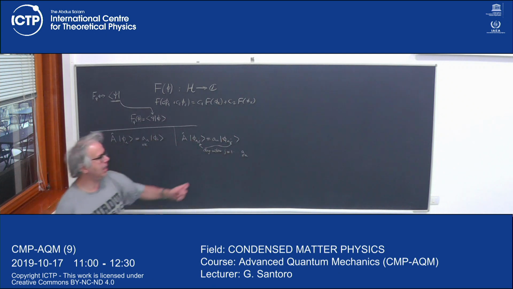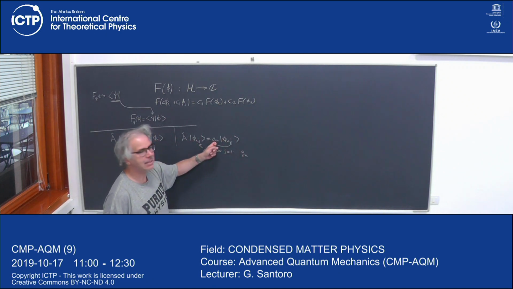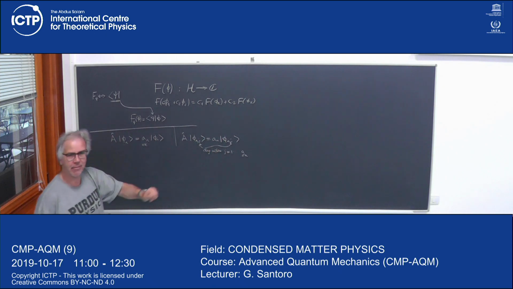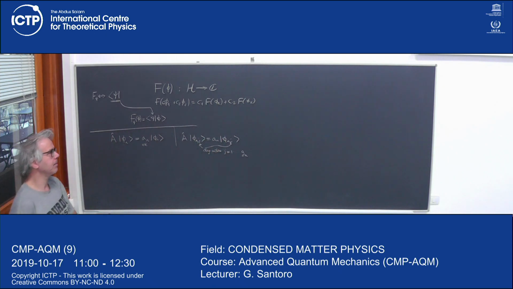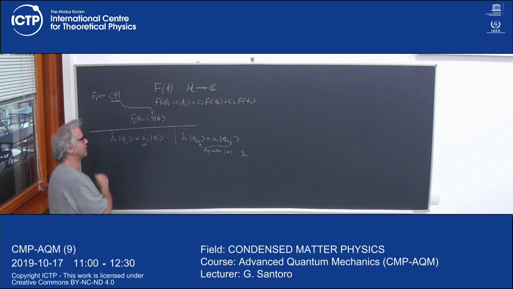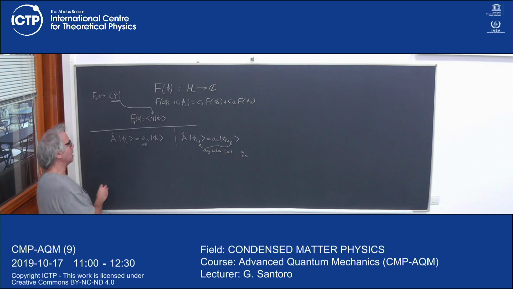Okay, so if gn is 1, then the eigenvalue an is non-degenerate. If it is 2, it's 2-fold degenerate. If it is 7, 7-fold degenerate, and so on. Okay? Good. We said that, for instance, let's keep working in this case.